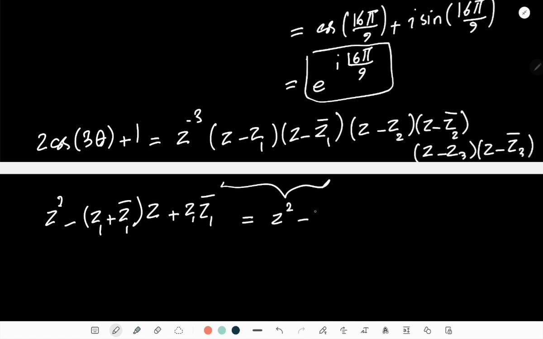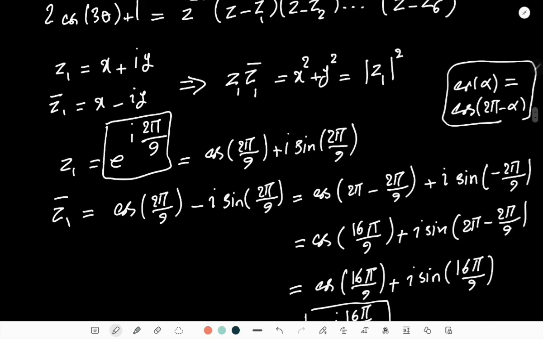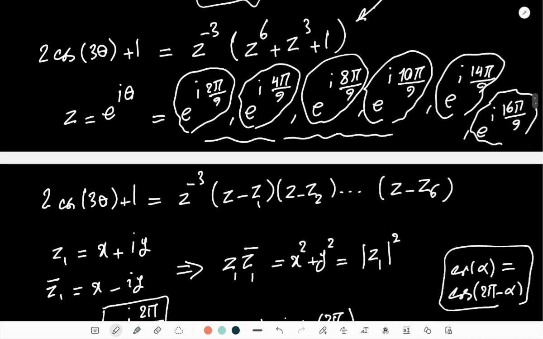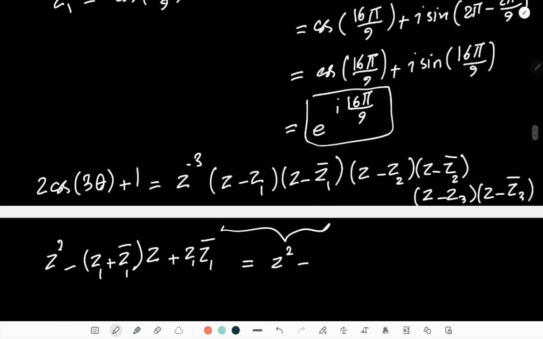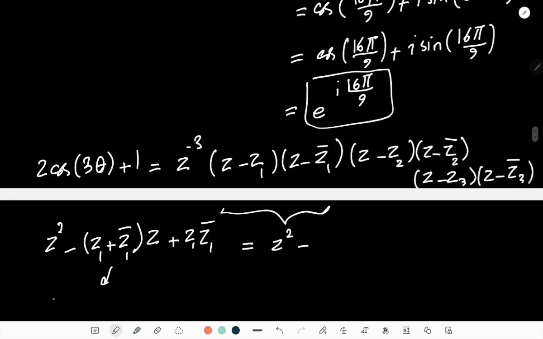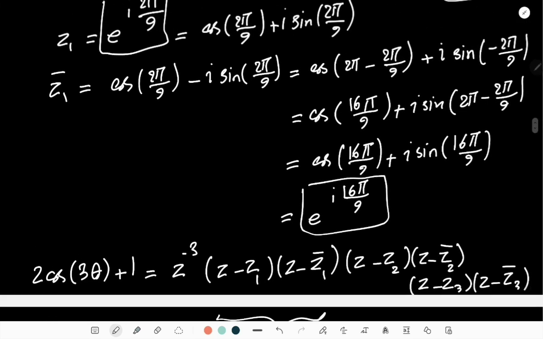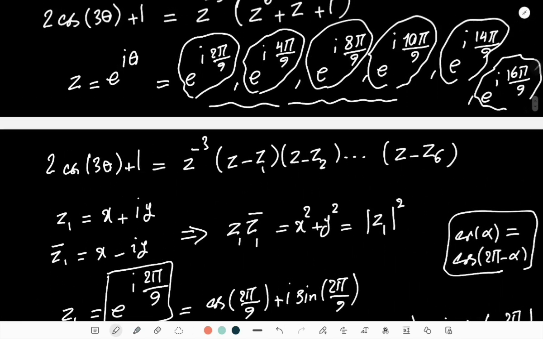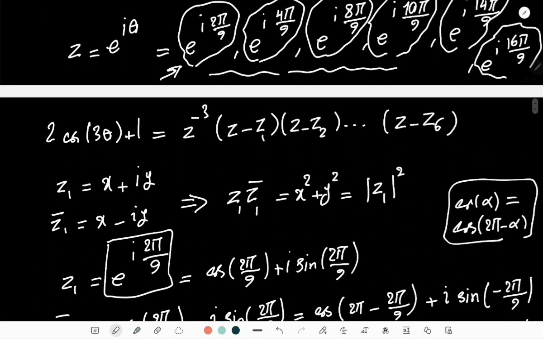But let's just pay attention to what these roots are. These roots are on the unit circle in the complex plane, so all of them have an absolute value of 1. And what this means is that here z1 plus z1 bar is nothing but 2 cosine of 2 pi over 9. Okay, if you just add them, this is what you will get, because z1 actually was this first value here.